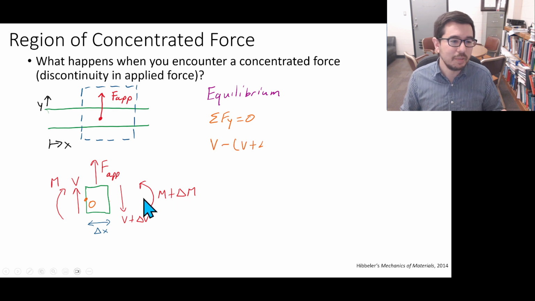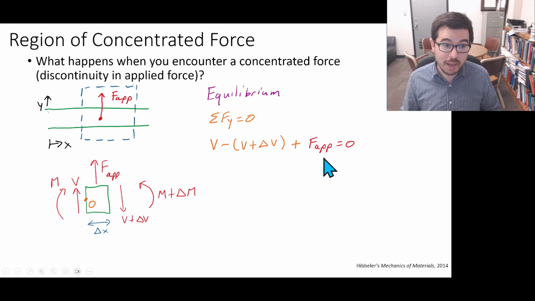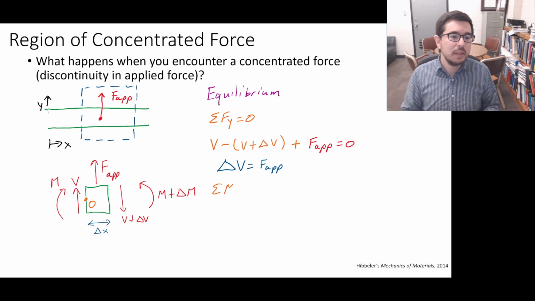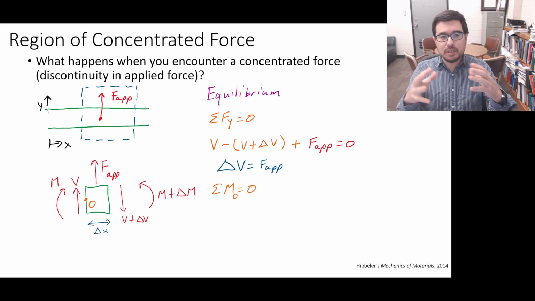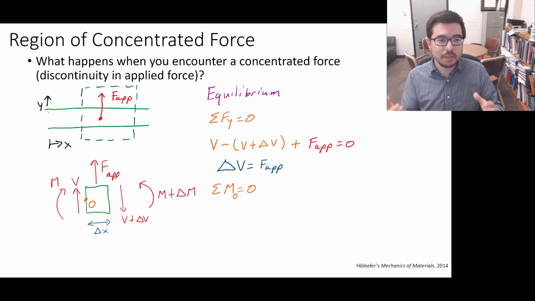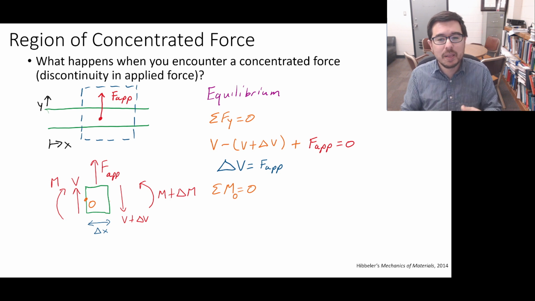So we have V minus this quantity, V plus delta V, plus F app. The V's cancel out, and we have minus delta V plus F app is equal to 0. So delta V is equal to F app. Now, that's the relationship that we had shown on the previous slide. It was wonderful. And now let's check out what's happening with the bending moments.